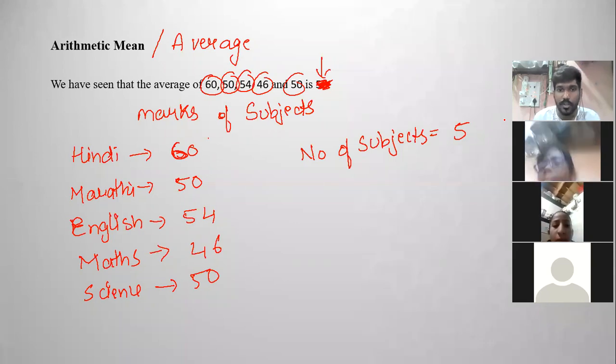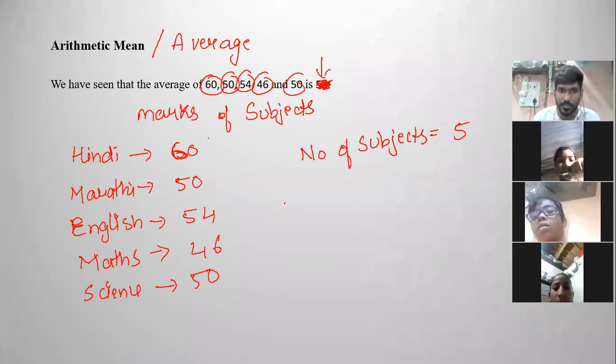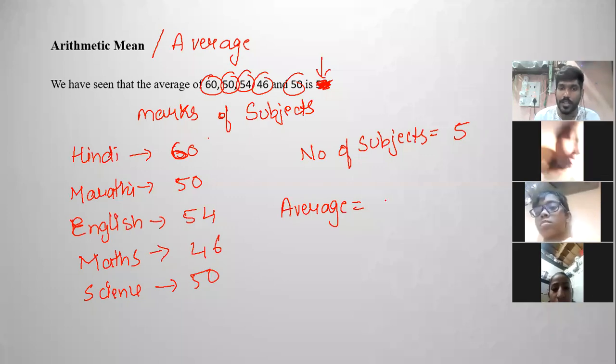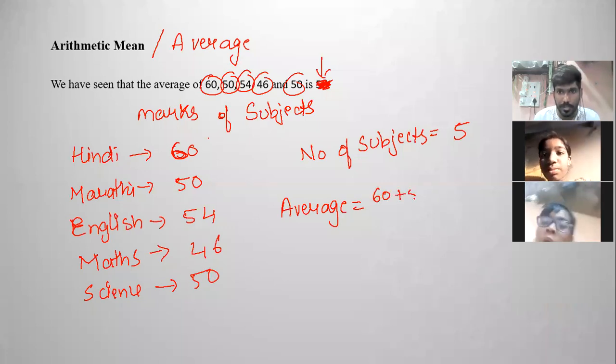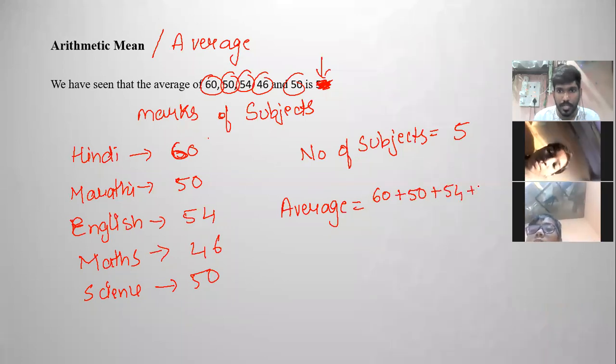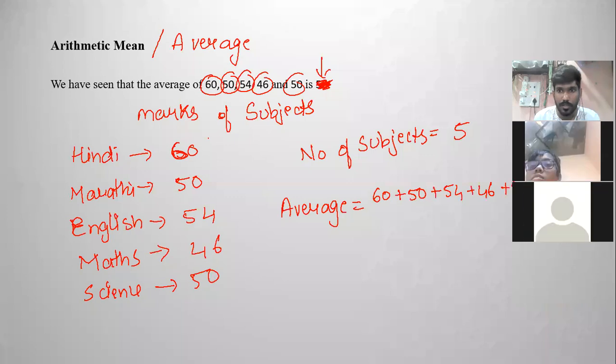Okay. Now we want to find out your average marks. To find the average marks, you add all the marks. So you do 60 plus 50 plus 54 plus 46 plus 50. So I've added all the marks and now you divide it by the total number of subjects, which is 5.